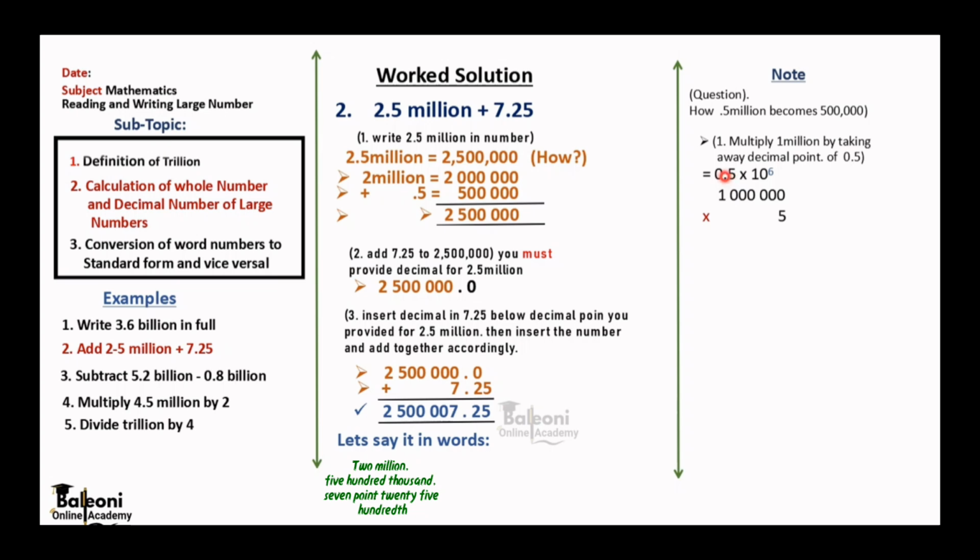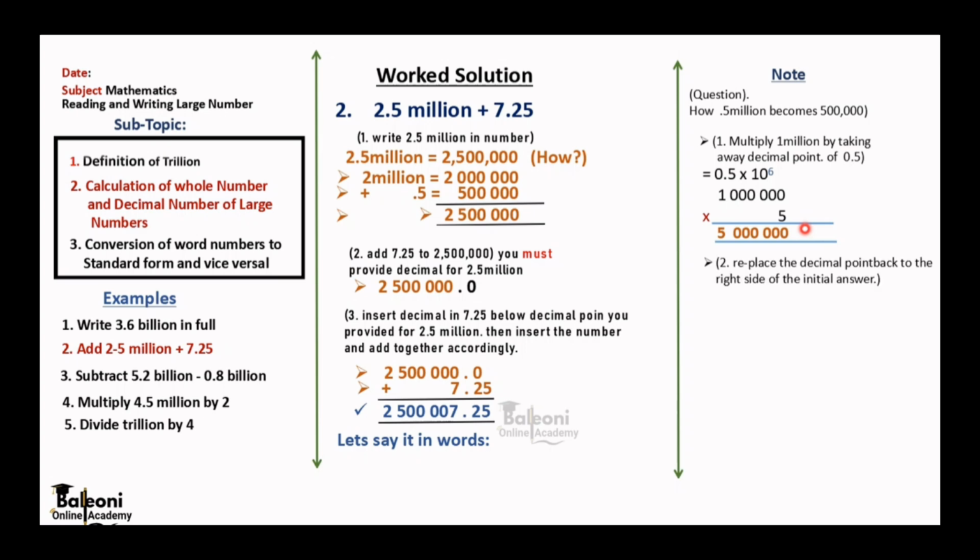And 0 is insignificant. So you just put your 5 here. Then you multiply. When you multiply, that is 5 times 0, 0, 5 times 0, 0, and so on, until 5 times 1 is 5. You are going to get this. That is 5 million. Then the next step is to replace the decimal point back to the right side of the initial answer.